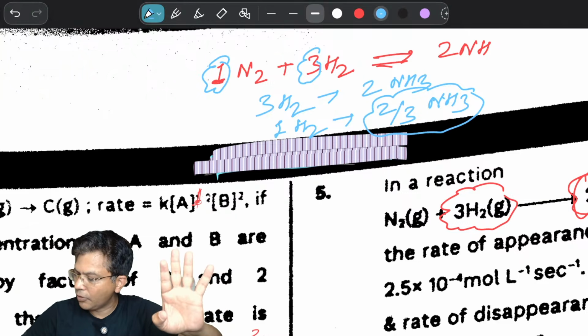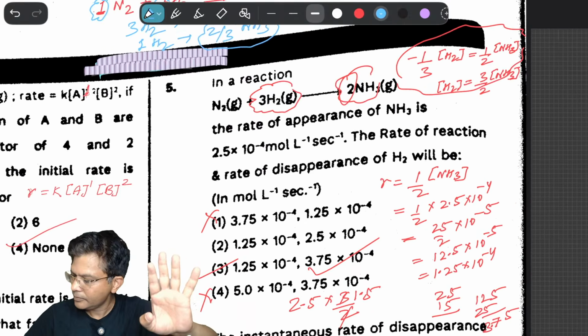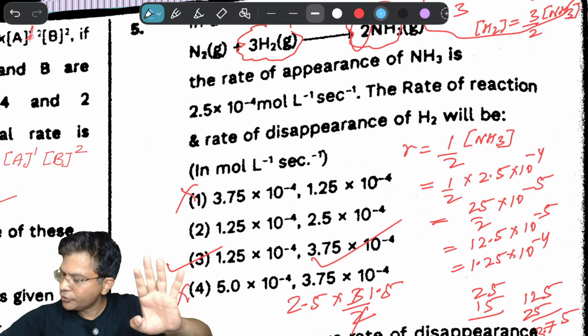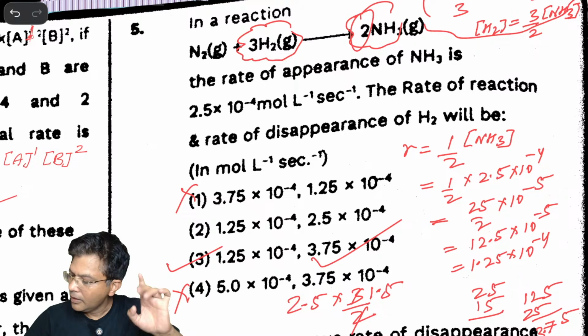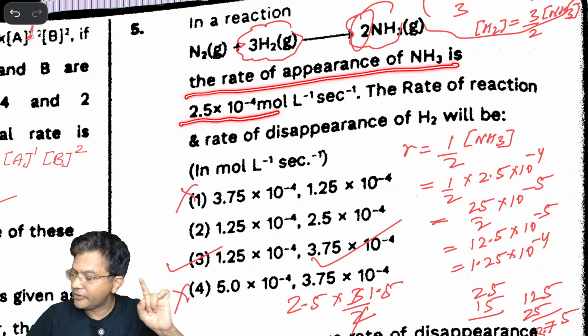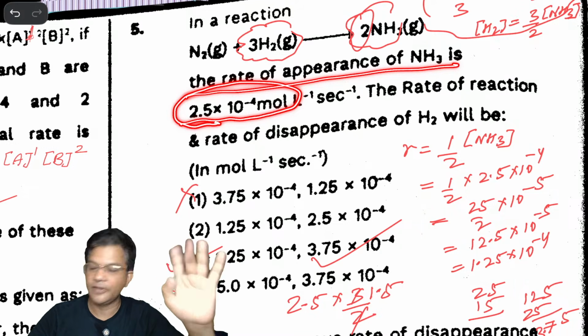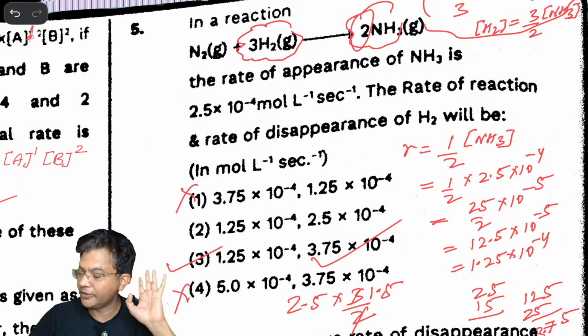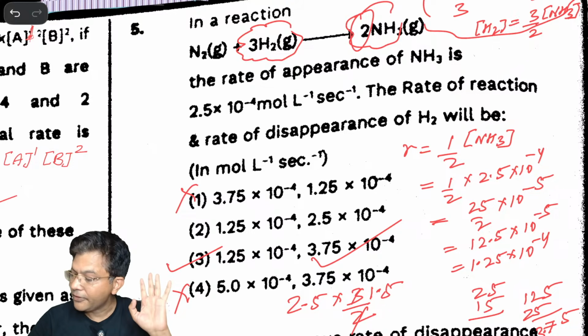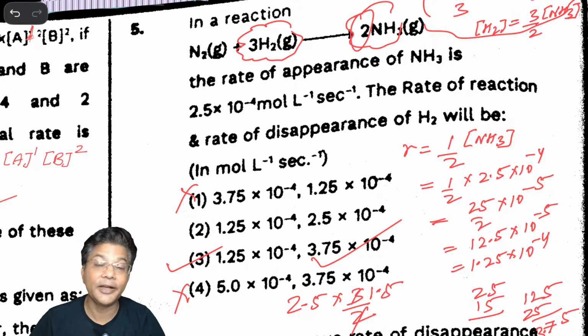So, the question was: the rate of appearance of ammonia is this much. They have given that ammonia formation is like this. The rate of reaction will be... So how can you write?